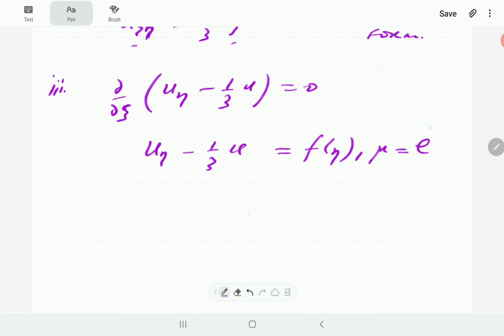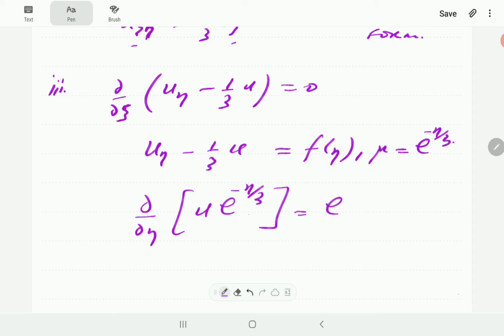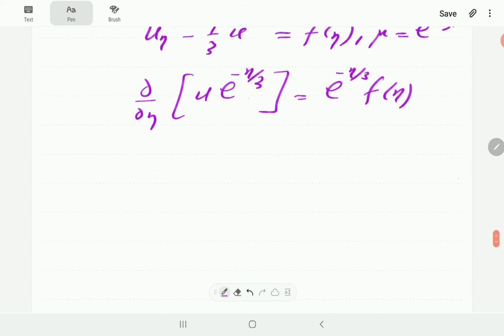The integrating factor is going to be e to the negative eta over 3. So if you multiply both sides by e to the negative eta over 3, then the left hand side is going to be an exact derivative, which then we can integrate.